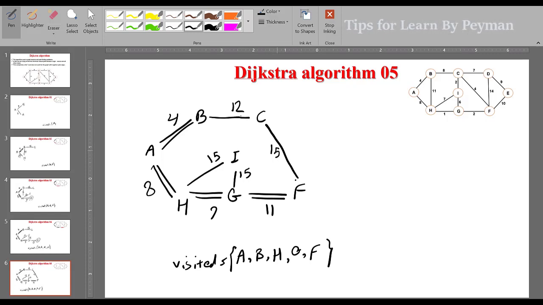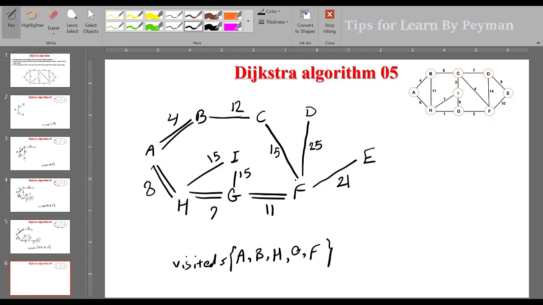Also we open the D with a value of 14. 14 plus 11 would be 25. We have 25 from F to D, and then we have the E with a value of 10. 10 plus 11 would be 21.